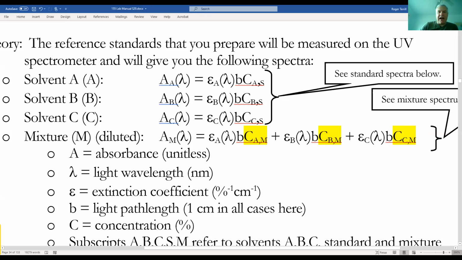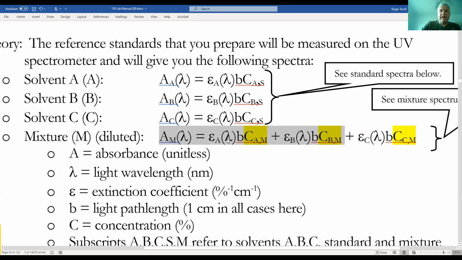So now we have an equation with the absorption of the mixture. Do we know that? Absorption of the mixture at 268. I mean, we should be able to look at the graph and see it. Yes, we know that. Extinction coefficient for acetone at 268 nanometers. Do we know that? Yes, we do.